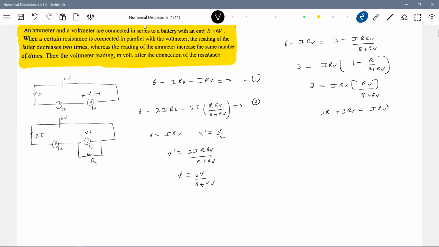Earlier reading, IRV was equal to V. Then V dash is equal to 2RV by R plus RV. Okay, 2RV will come. 2VR, I'll write it. Then it'll be okay. This is RV square.